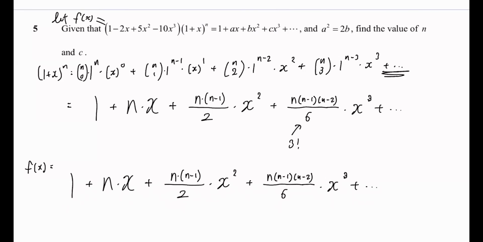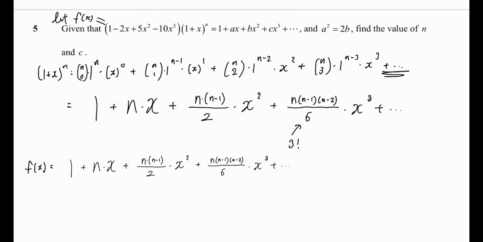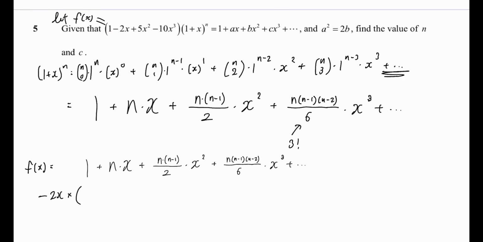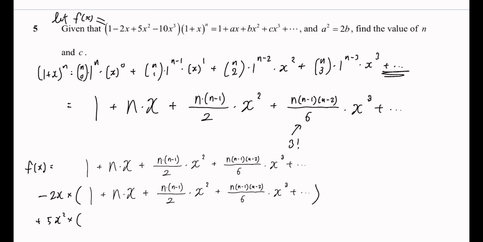Okay, I'm being lazy, but I hope you understand what's going on. 1 multiplied by this bunch. Then here is negative 2x multiplied by the same bunch. I just copy and paste it. Then positive 5x squared multiplied by this same thing.